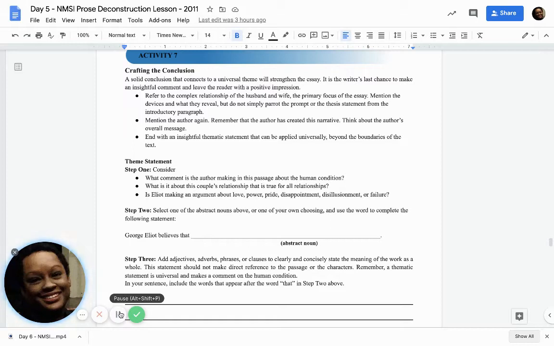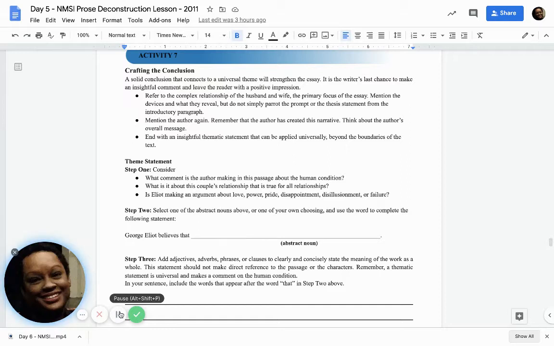Okay, now that you've done activity 6, we are going to move on to activity 7. I'm not going to read all of this to you, crafting the conclusion. You guys should read it once I'm finished discussing activity 7. But one thing I will admonish you right now is that we discussed this during the poetry unit.